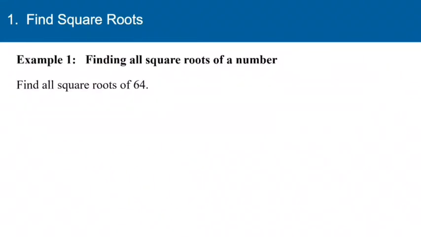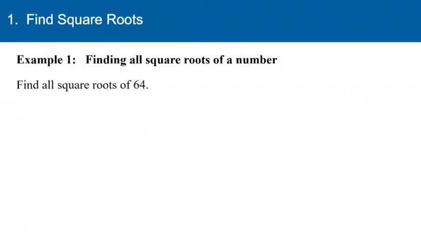So here in example 1, they're asking us to find all square roots of 64. The word all is kind of a clue that we're expected to come up with more than one. Remember, the square root of a number is a number that you can multiply times itself to get that original number. So for 64, we're looking for a number that we can multiply by itself to get 64.